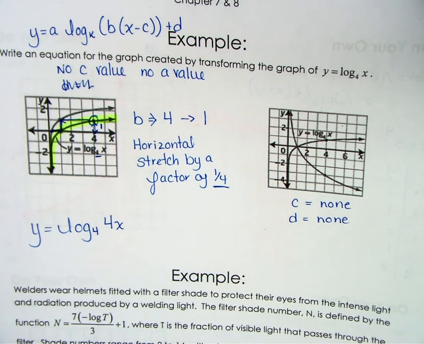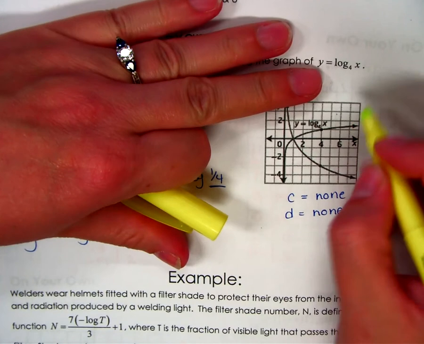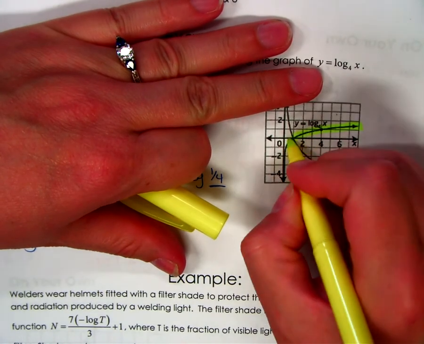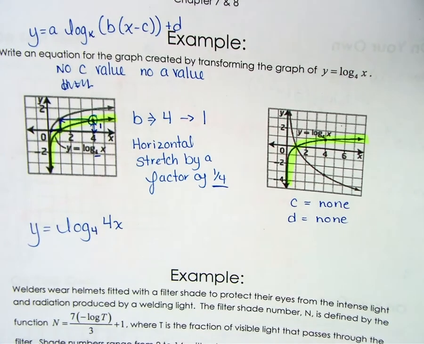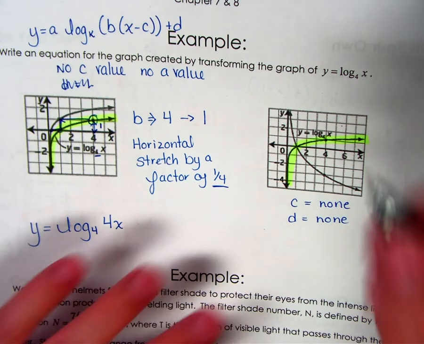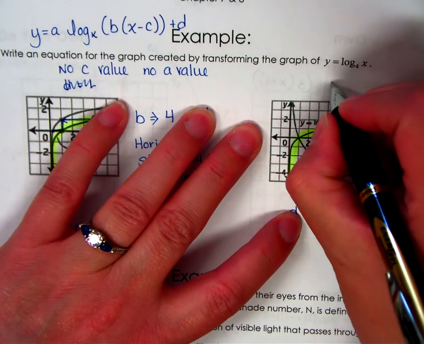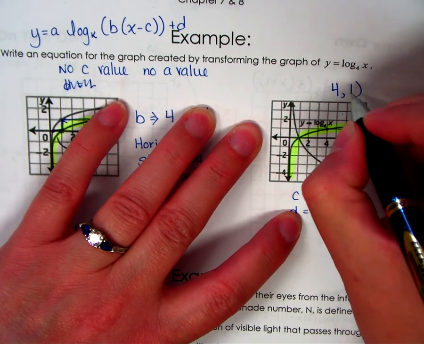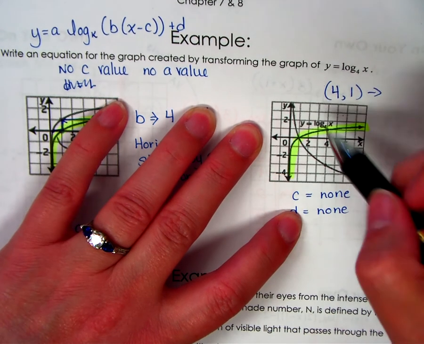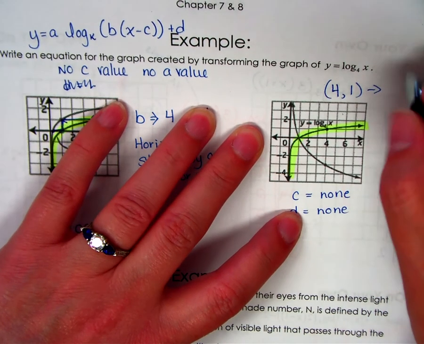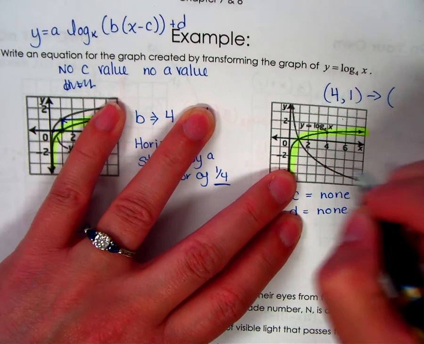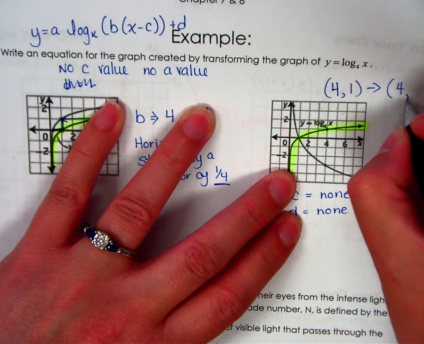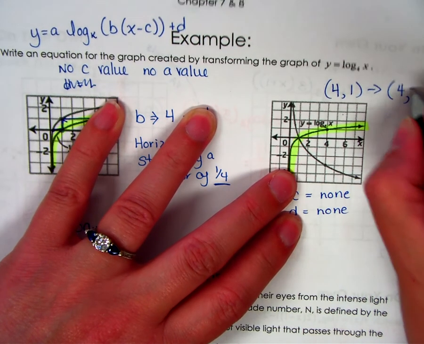Okay, so on the original graph, yeah, the original graph is the top one. So we have point 4 and 1. It transforms to, and this might be helpful to write it out like this, transforms to 4, -3.